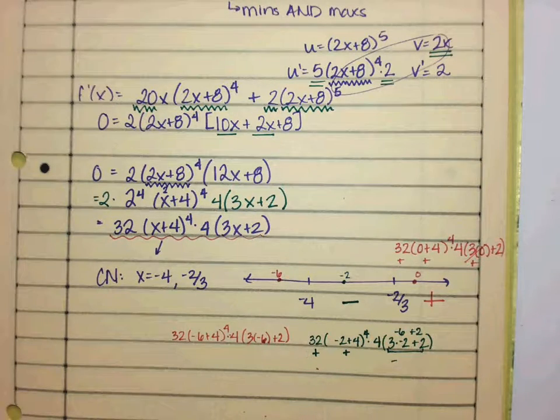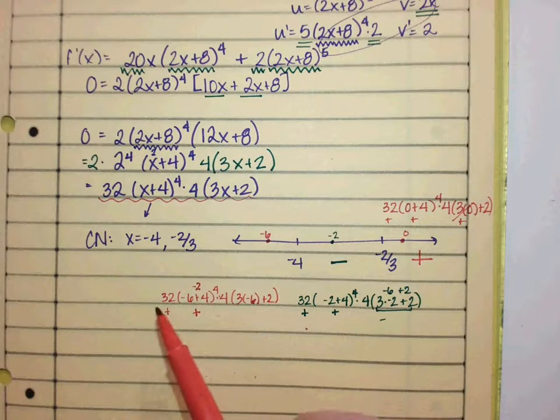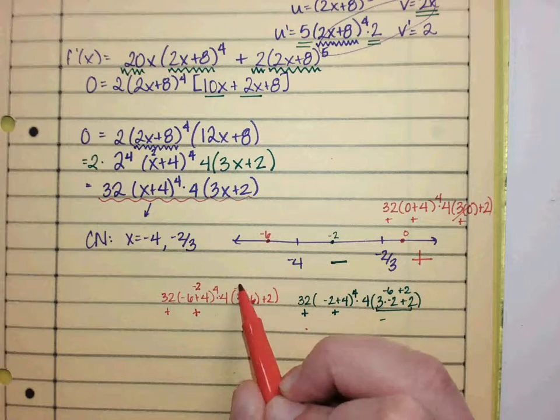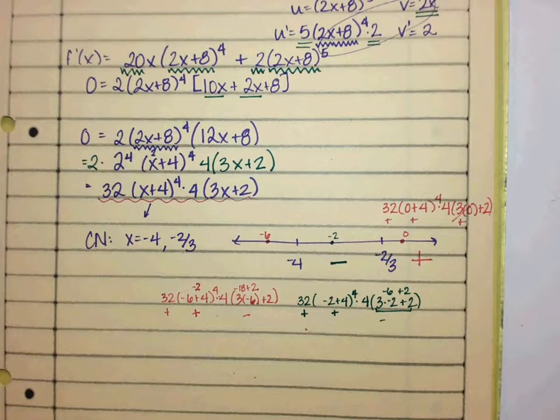Okay, let's think about our numbers there. 32 is obviously positive. -6 plus 4 is -2, but then if I raise it to the 4th power, that's actually going to turn positive as well, because I'd have -2 four times, so they'd cancel out in pairs. Then from here, that's -18 plus 2, which comes out to be negative. So I have plus, plus, minus again, which means that interval is negative.